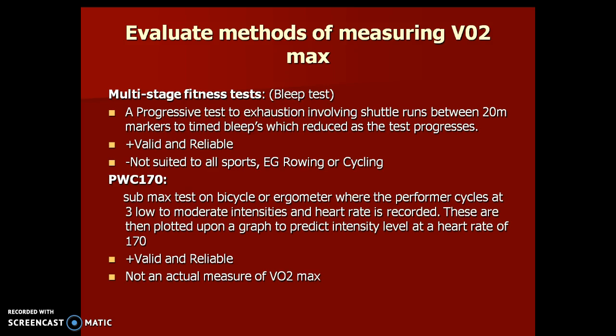So that's one other way. Obviously, it is valid and reliable, but it's not actually a measure of VO2 max, and the key to that comes in the fact that it's not maximum, it's sub-maximal. So it is an example of something you could do at the start of an aerobic capacity test.